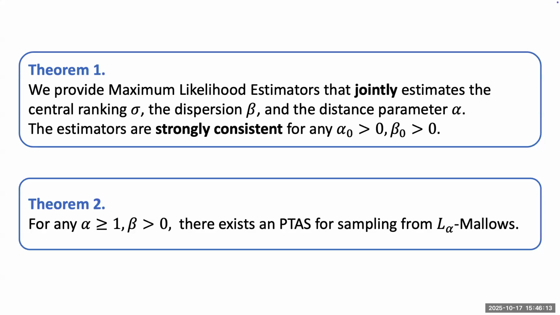As part of this MLE, we also need to design a sampler from the Mallows model, because you'll see why in the next few minutes, so we also give a polynomial approximation scheme for sampling. So far, the results for the sampling part are only for alpha greater than 1. But on the data, we use it also for alpha below 1. We use some variations with MCMC, and it was converging for the ones where we could compute the exact version as well. Any question on the high level results?